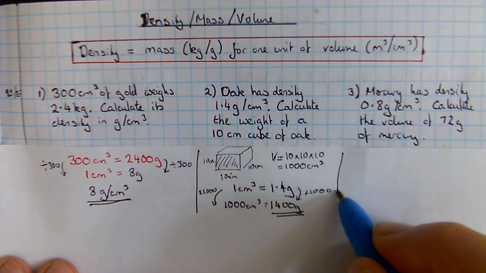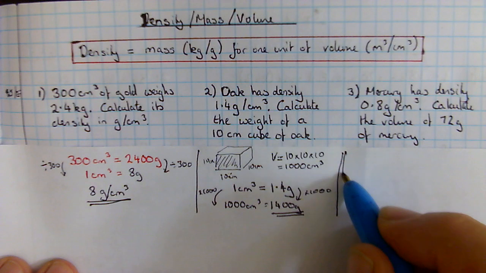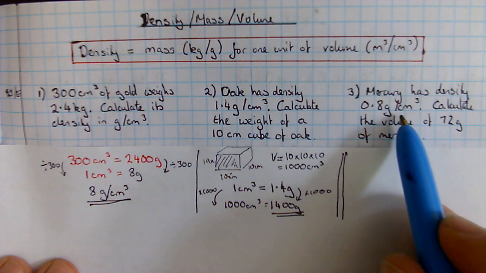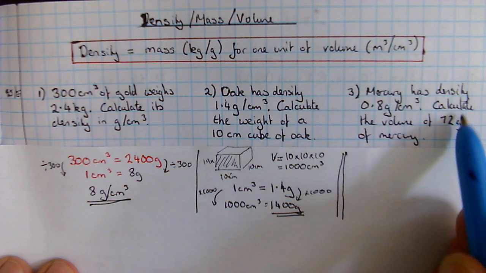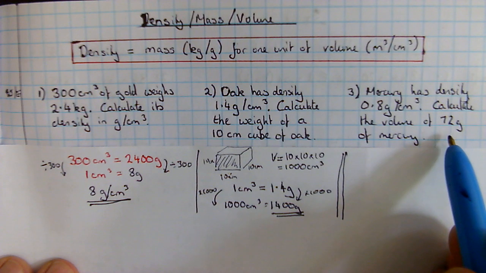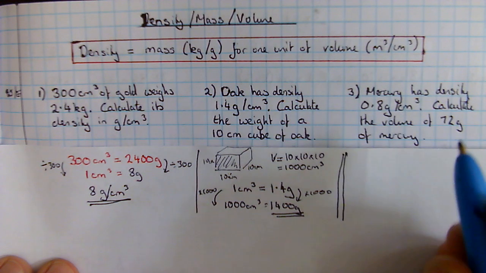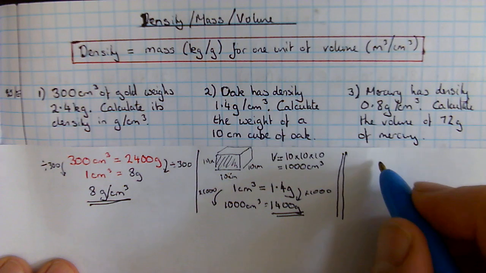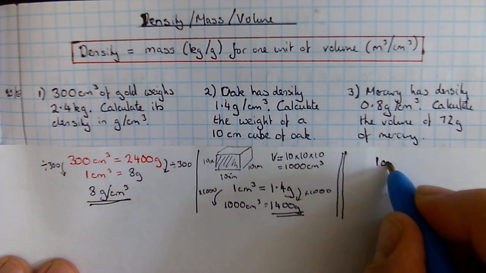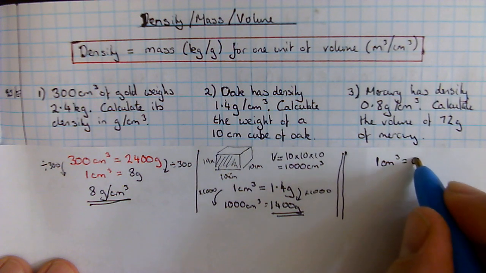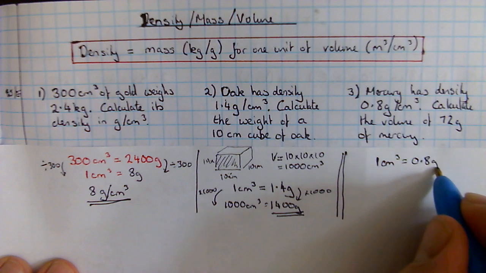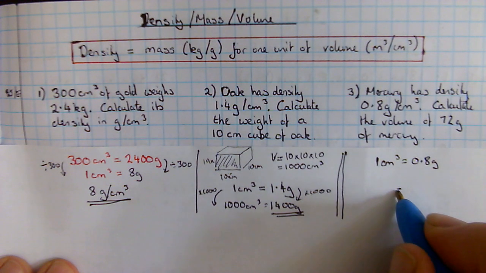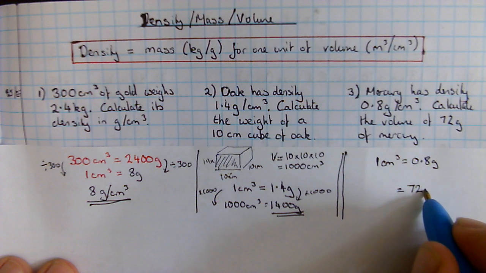Let's look at the third question. Mercury has a density of 0.8 grams per centimetre cubed. Calculate the volume of 72 grams of mercury. So, again, I can say 1 centimetre cubed weighs 0.8 grams. I want to know what 72 grams would be.